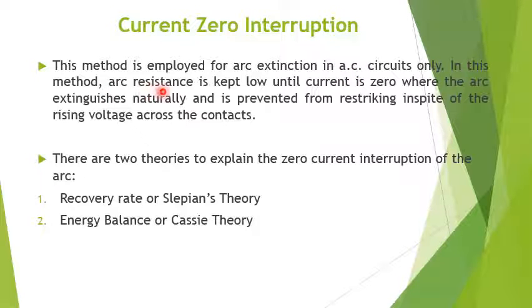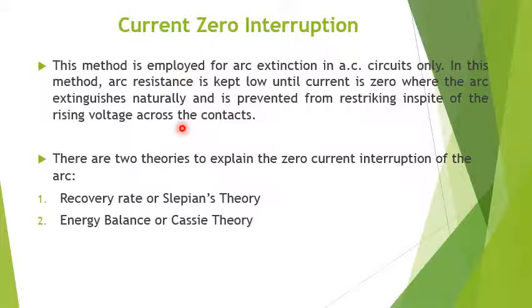In this method, the arc resistance is kept low until the current is zero, when the arc extinguishes naturally and is prevented from restriking in spite of the rising voltage across the contacts. We'll look at what exactly the restriking voltage, the recovery voltage and the rising voltage are.